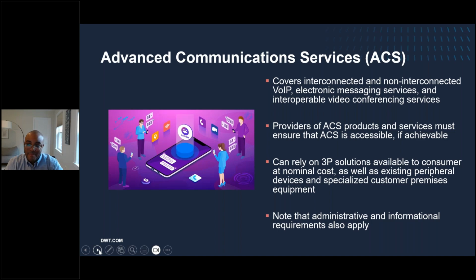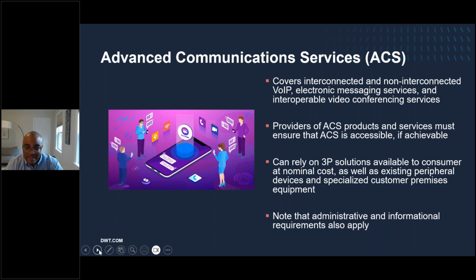So the rules do allow covered entities to rely on third-party services and solutions. You don't necessarily have to build everything on a first-party basis, because that obviously would be very expensive. But if you do use third-party solutions, they just need to be available, like I said, free or low cost, and generally interoperable with various assistive technologies.